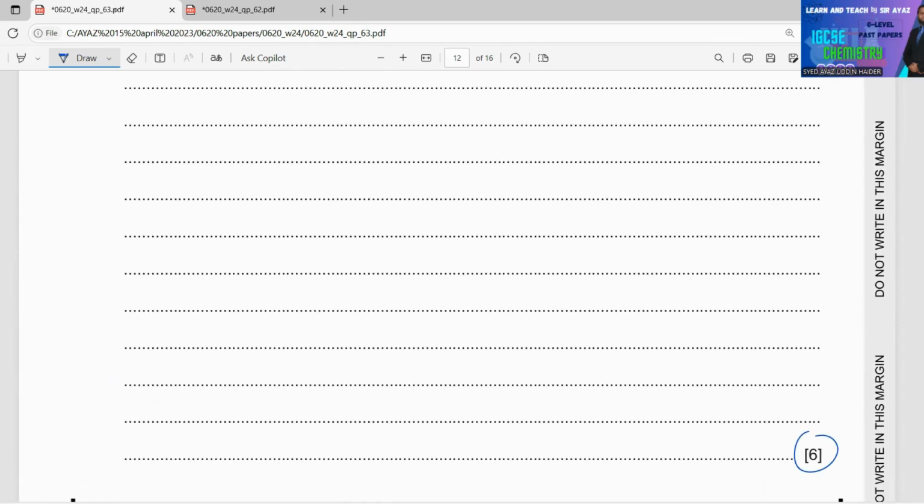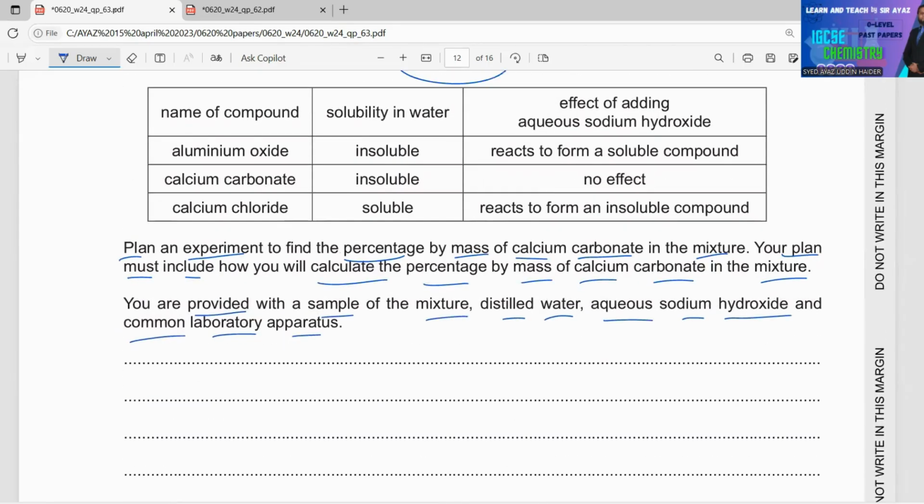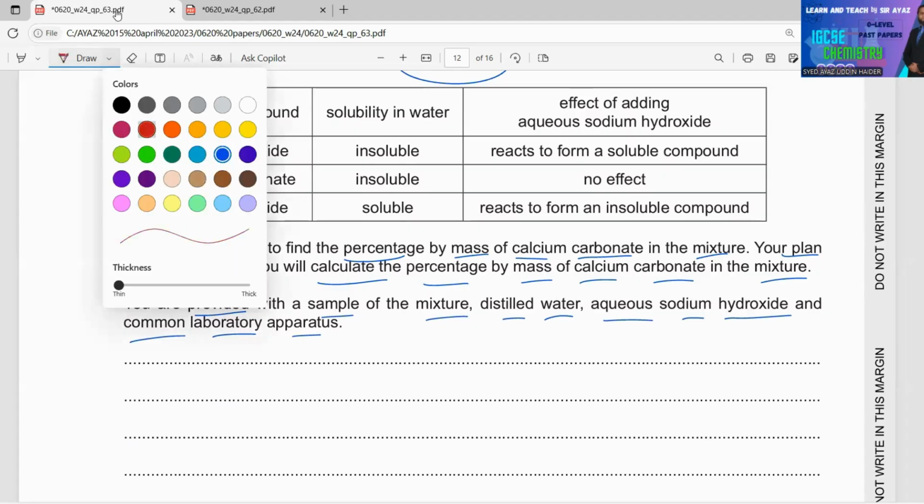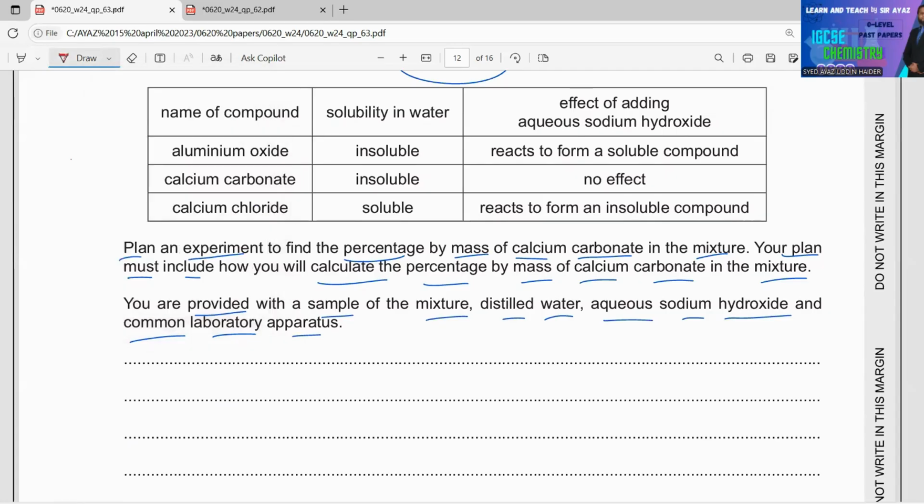So we need to find the percentage by mass of calcium carbonate. So it means we have to exclude both aluminum oxide and calcium chloride from this mixture. We have to remove these two.